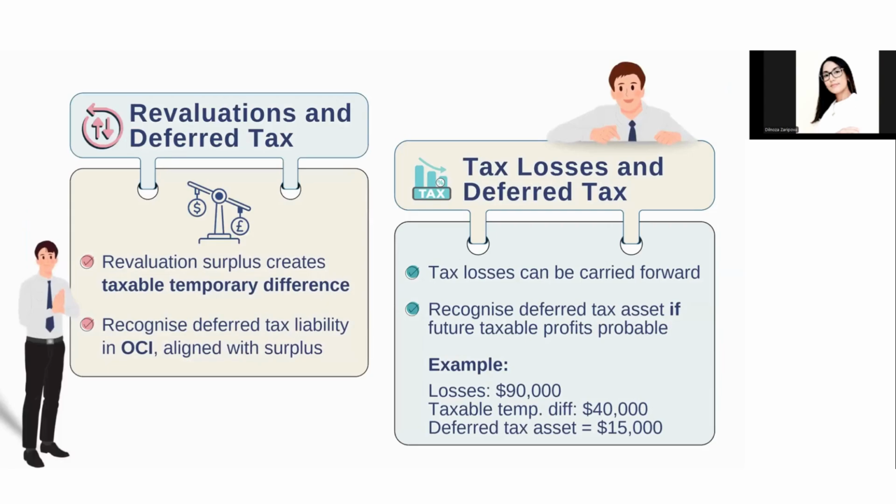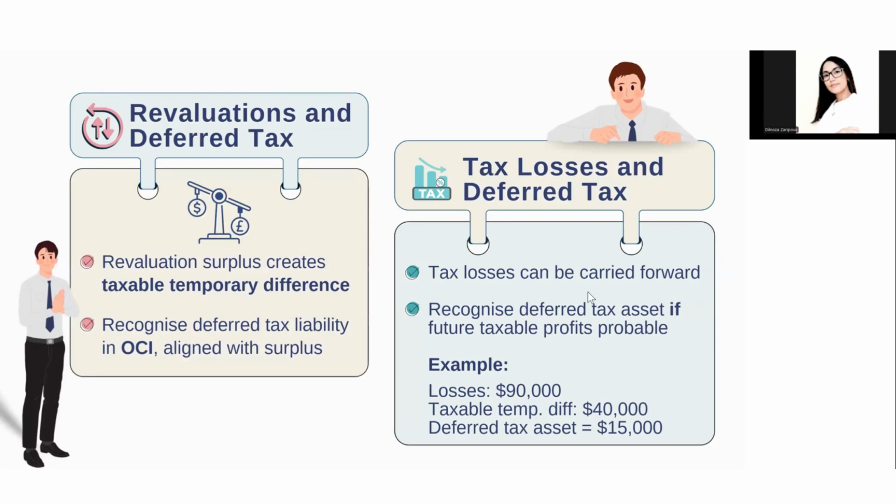All right. This one we looked at already, right? How to show the movement and how to calculate if we had the revaluation and how it affects the deferred tax. Now we need to look at tax losses and deferred tax. So some tax losses can be carried forward, right?